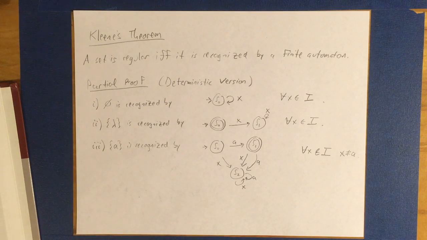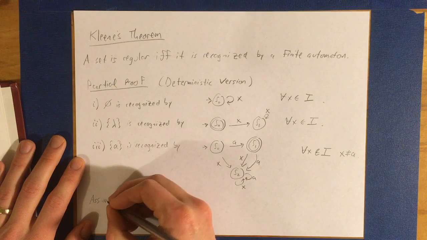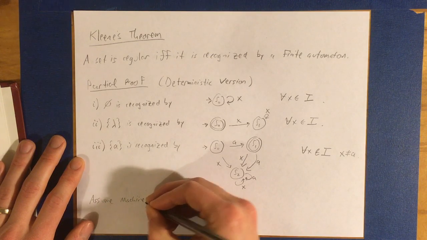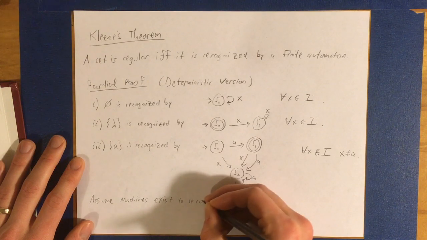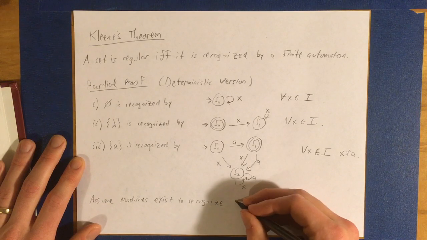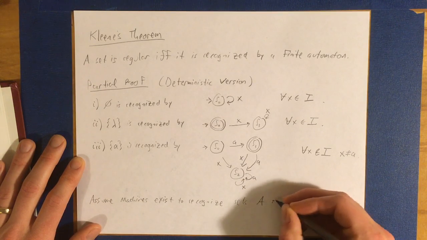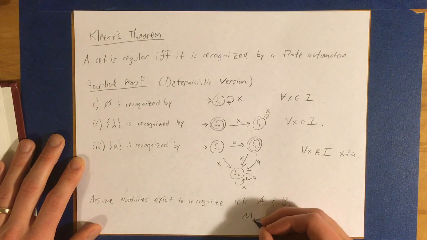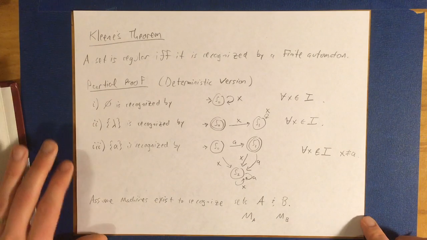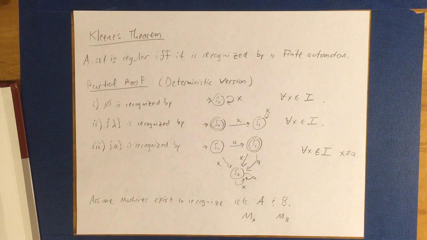And then the proof would proceed by induction to assume machines exist to recognize sets A and B. We call those machines M subscript A and M subscript B. Assuming that's your inductive assumption, what you'd want to do is then show that it's possible to take those machines, MA and MB, and combine them together in some way to create new machines that are going to accept the concatenation AB, or the union A union B, or the Kleene closure of one of them.